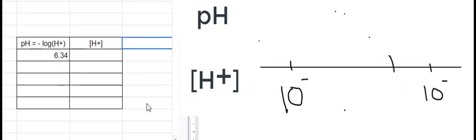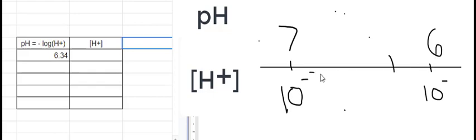So now let's start with the pH value and estimate what our H plus value should be. So regarding pH high and low, think of the whole number pH values that would bracket 6.34. And we would have 7 at one end and then 6 at the other end.